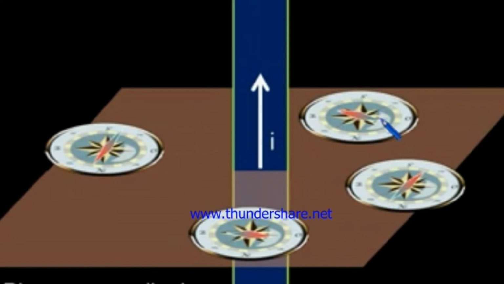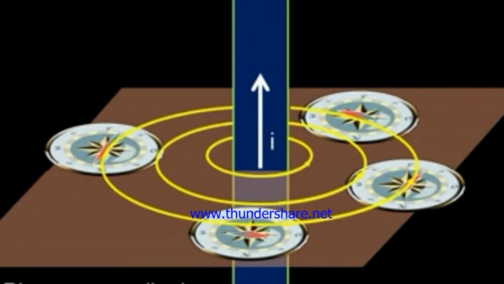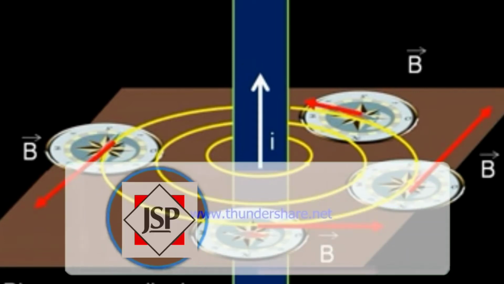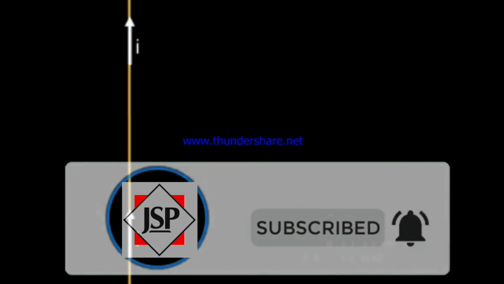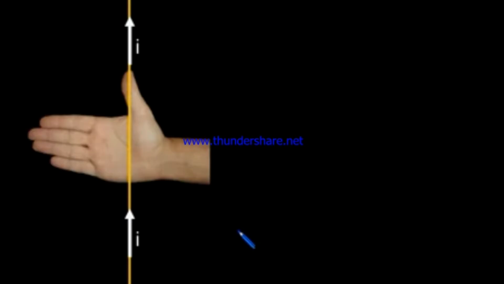Thus, the magnetic field around a current carrying straight conductor consists of concentric circles of magnetic field lines lying in a plane which is at right angles to the current carrying conductor. The conductor acts as the center of the magnetic field lines. These lines are crowded near the conductor and become farther apart as the distance from the conductor increases.